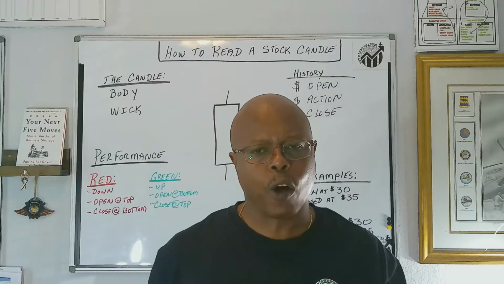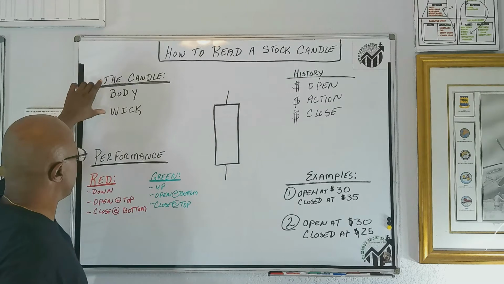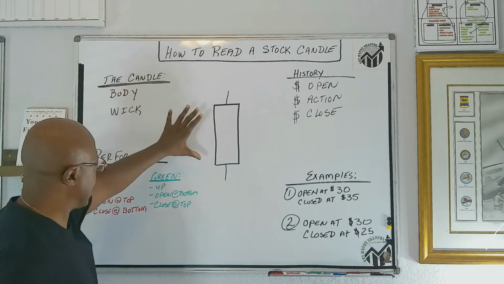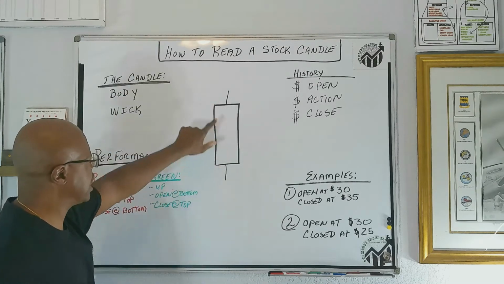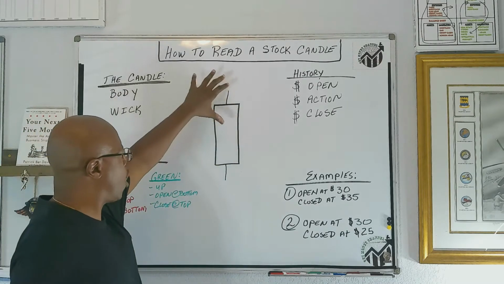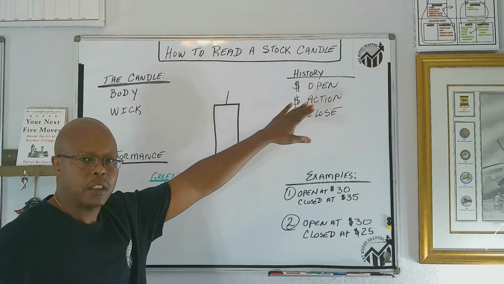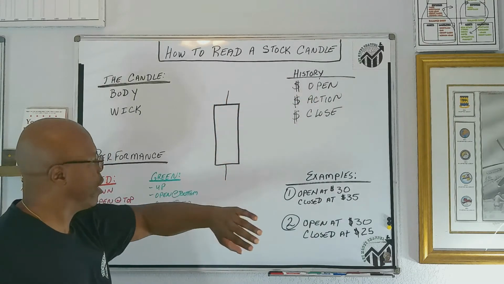So let's go over how to read a stock candlestick. All right, the candle is made up of two parts, and this is an example of a candle. It's made up of the body, this is it here, then we have the wick on each end. Now, what this all represents is the history of the performance of that stock during a certain time period. And there's three things that it's made up of.